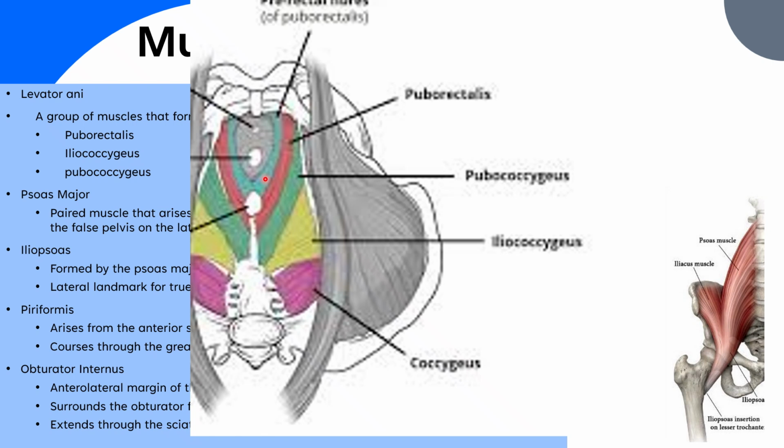So we have a rectum here, and we have our prerectal puborectalis, and then we have our puborectalis here, and they are both considered the puborectalis. One is just pre-rectum. Then we have our pubococcygeus, which is this green muscle here, and that just sits on either side, as well as the iliococcygeus. Those three muscle groups there form the pelvic floor, or the levator ani muscles.